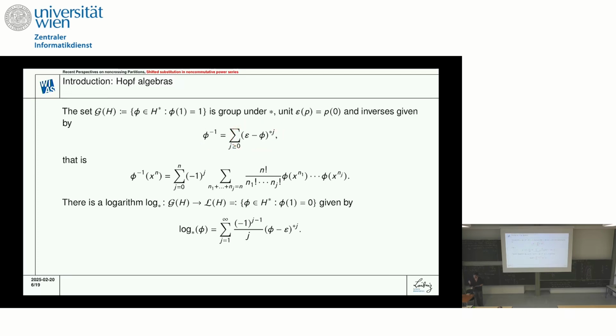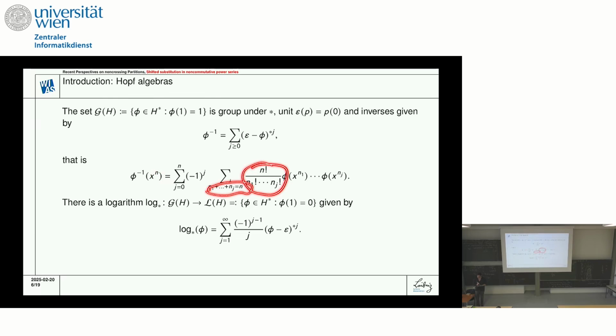And this is still not good enough because it involves taking powers. So it's still kind of a nonlinear operation. Right? I need to compute these powers, which in this case, given the easy formula for the coproduct, I can. So what does it mean taking the jth power here? This just means iterating the coproduct j times, which means splitting the monomial x to the n not only in 2 parts, but in exactly j parts, whose powers add up to the power I had at the beginning, in this case n, which you can see is what's expressed here in the sum.